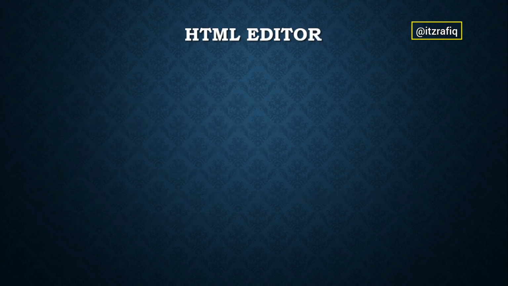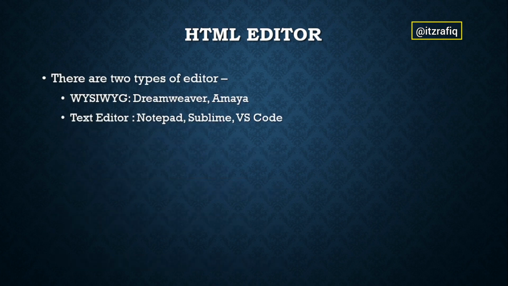HTML editor. Now where will we write HTML code? We will get mainly two types of editor. The first one is the what-you-see-is-what-you-get editor. There you don't have to write the commands. You will get software like MS Word. There you will write as you write in MS Word, and whatever you design there will automatically be converted into code.